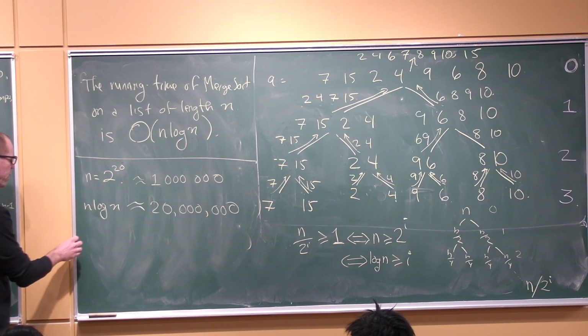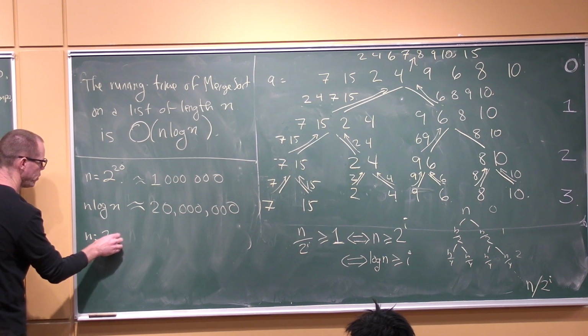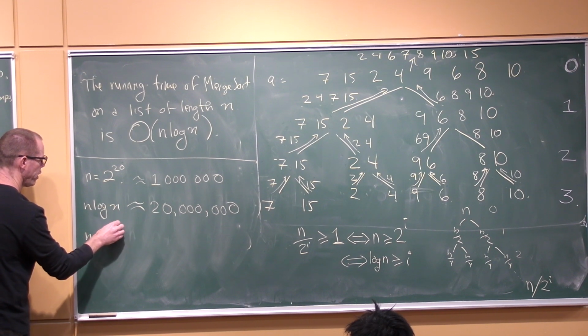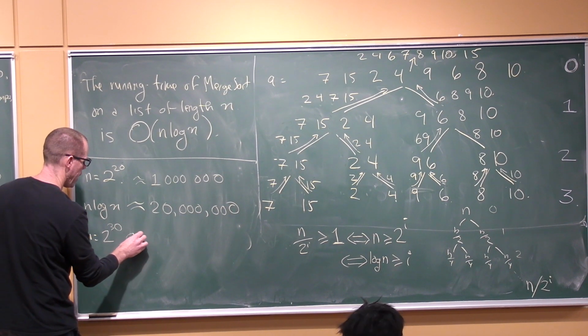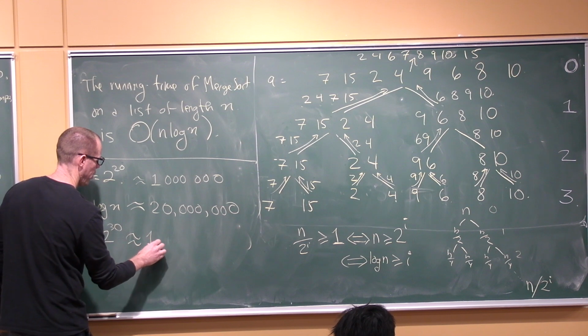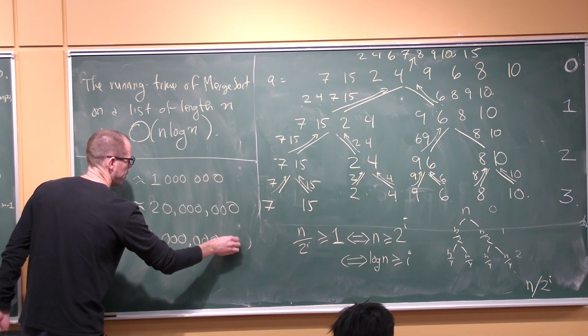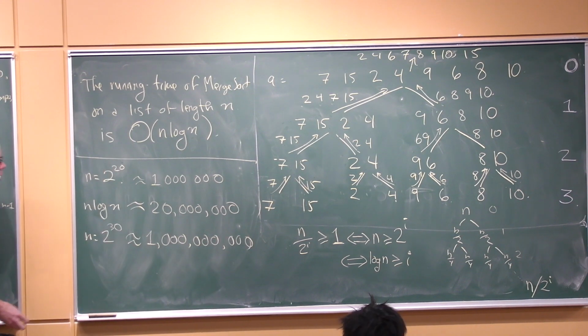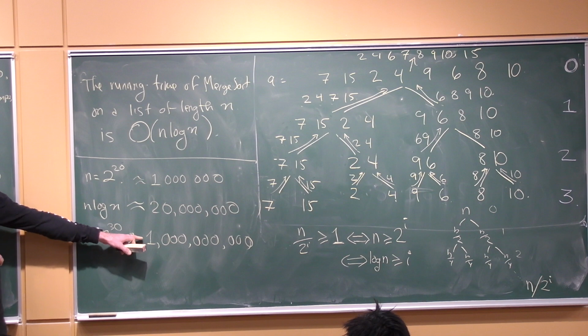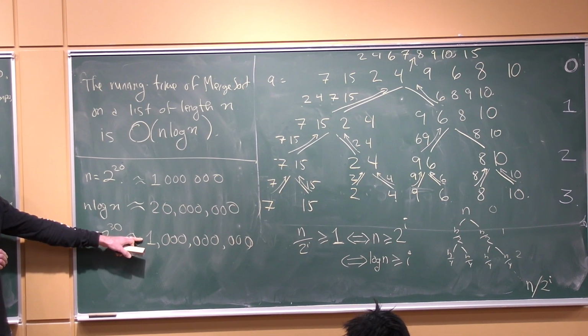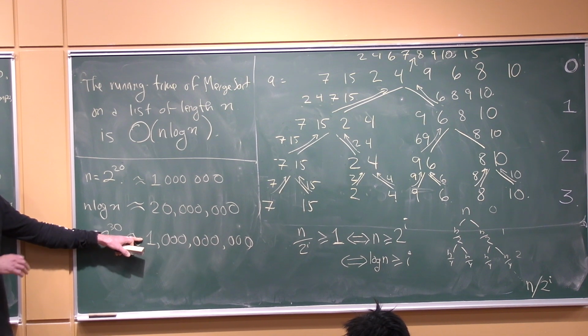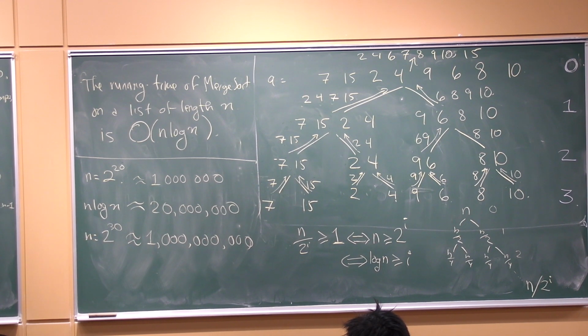But even if you take n equal to 2 to the 30, that's about 1 billion. Now you're talking about something that, depending on the size of the data, can be just reaching the amount of RAM you have in your machine. This is a gigabyte if each of these was a byte.